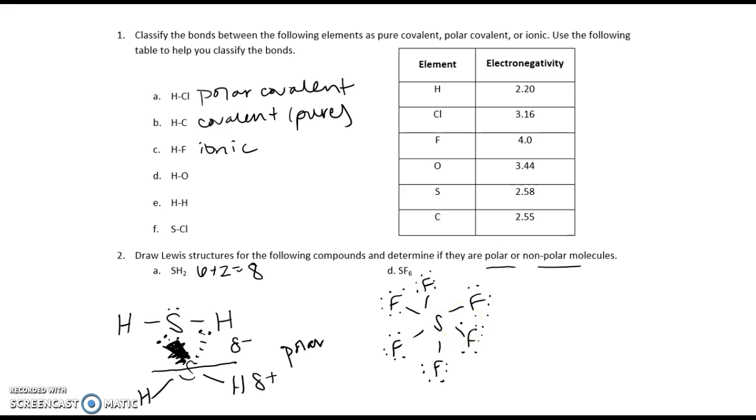We ask ourselves, do we have any lone pairs on the thing in the middle? No, we don't. Do we have any polar covalent bonds? S and F, we subtract, that's about 1.62. I'm sorry, 1.42, which means yes, we have polar covalent bonds. So we need to draw the VSEPR structure. We've got a 6-0 configuration, 6 bonds, 0 lone pairs, which means our VSEPR looks like this.